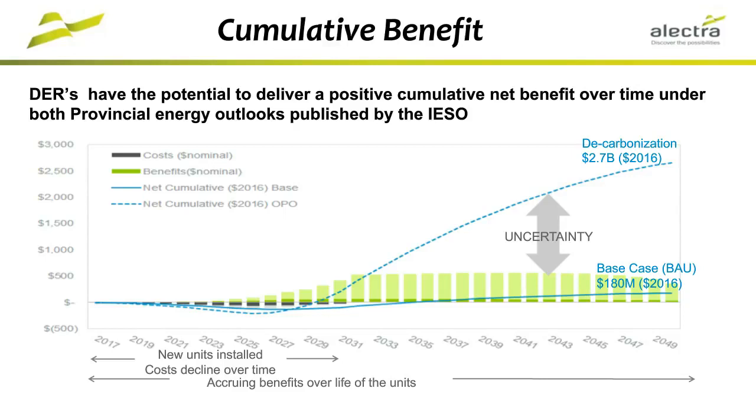So, in our view, it's intrinsically important for all of our operations, from planning all the way down to operations and execution, to be able to quantify what DERs are capable of and how we can leverage them in a reliable way to capture some of this value and some of this upside.